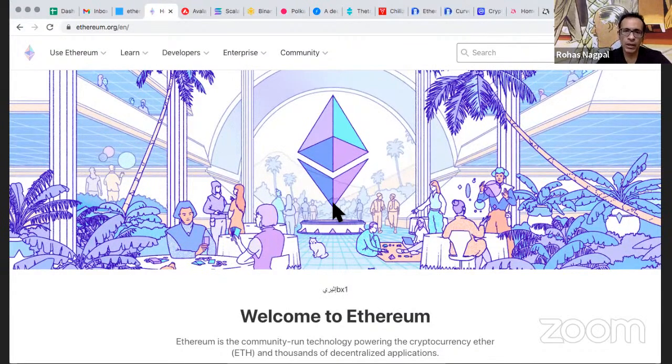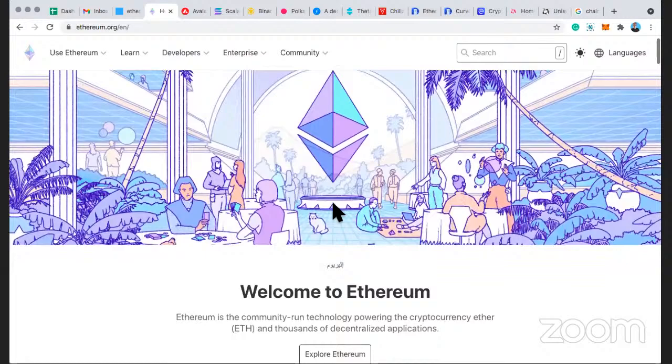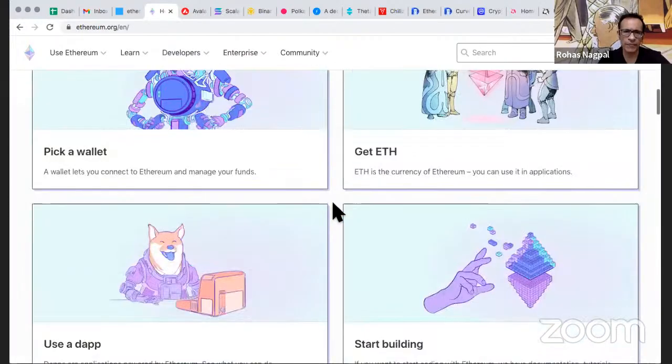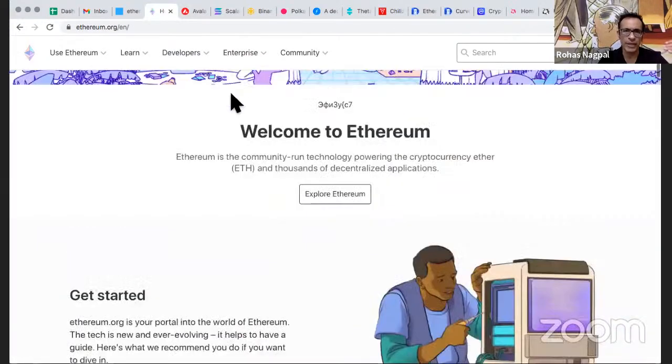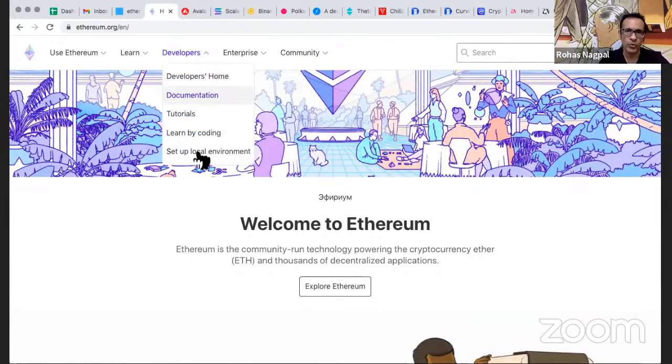Now later I want you to go through the Ethereum website. Everything that you need to know is here, arranged very nicely. From a developer point of view, you could look at the documentation and understand what the different programming languages supported are. This learn by coding is really nice. You can create simple smart contracts and see how they work.